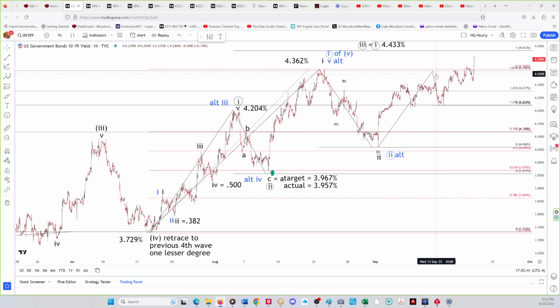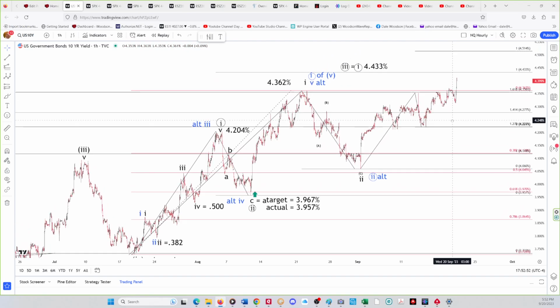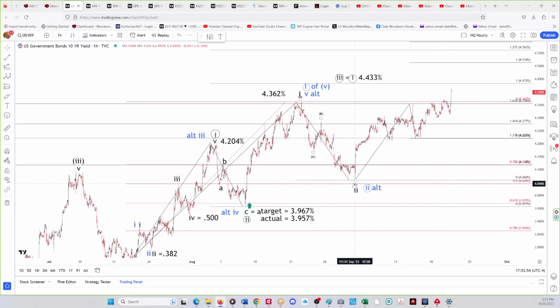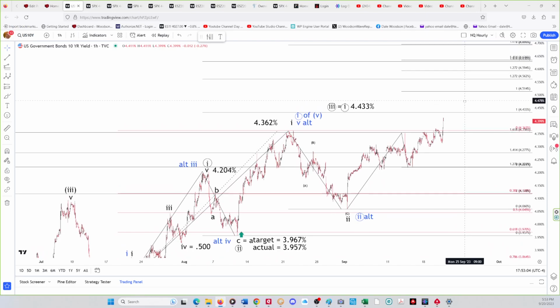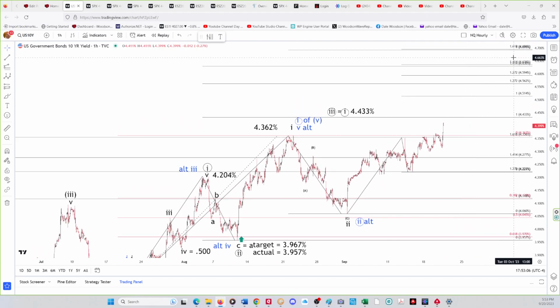This move up here was really important, and this move up here is even more important. So this looks like a 1 up and a 2, so this should be a 3 of 3, a near vertical rise in interest rates. If this is 1 of 3 up here, and this is 2 of 3 up here, then 3 gains equality with 1 at 4.514%, and it goes all the way up to the 1.618 just at 4.7%.